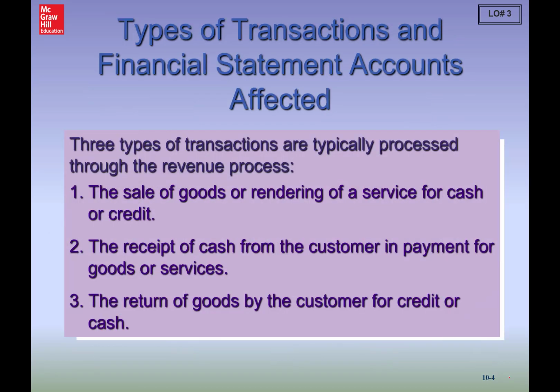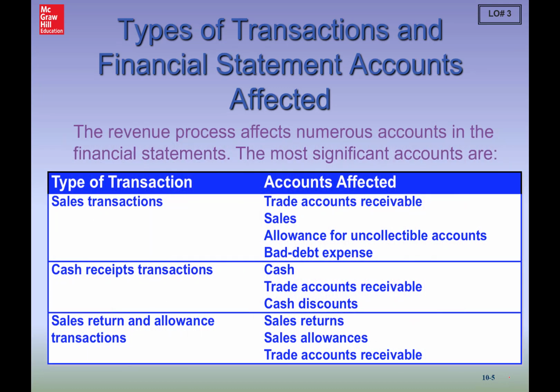Okay, now, three types of transactions are typically processed through revenue: sale of goods for cash, the receipt of cash, and what? The potential return of goods if the customer decides to return the goods, right? Sales transactions could affect receivables and could affect the sales.